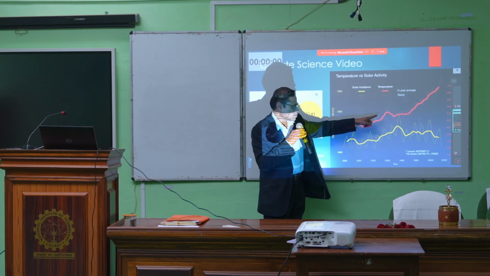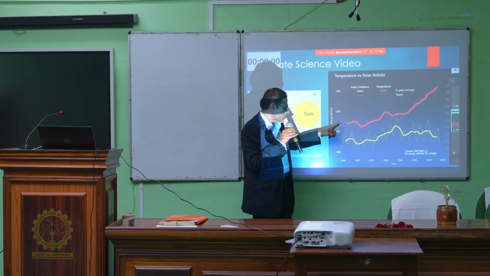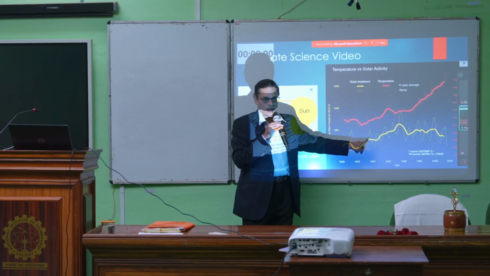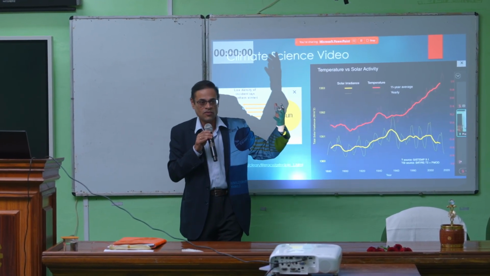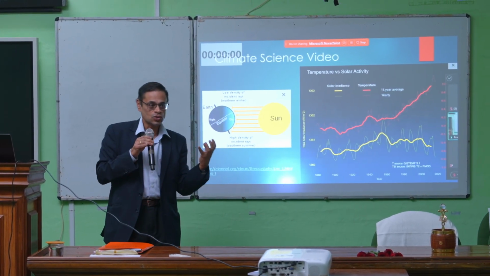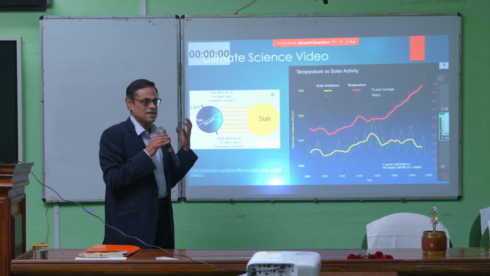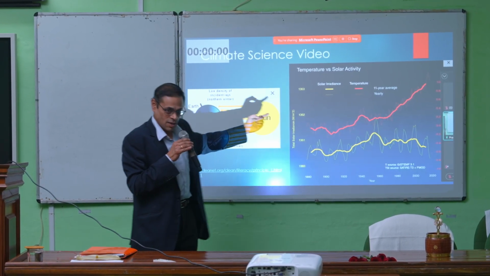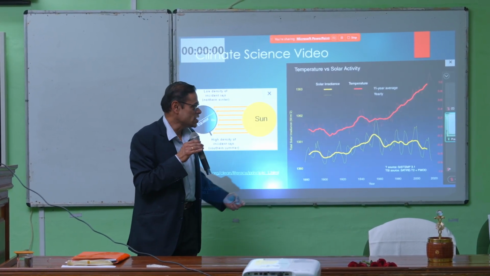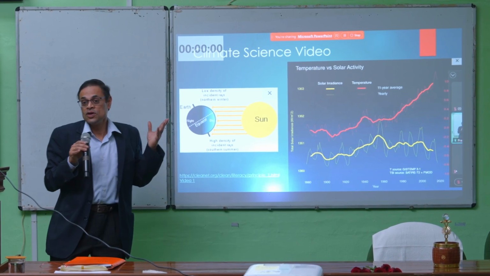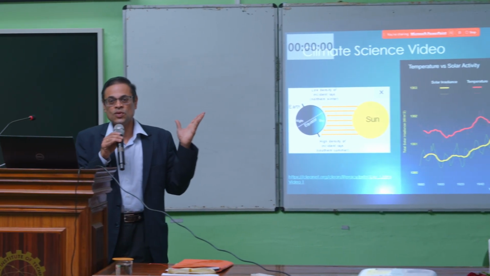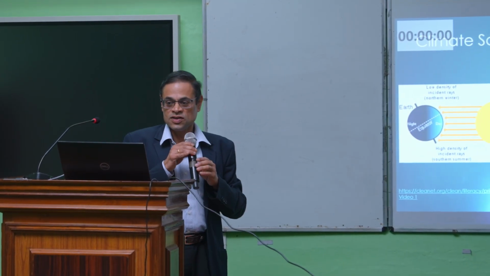But look at the temperature profile here. It is steadily increasing. The radiance coming from the sun is a constant source of energy, but the temperature is showing an increasing trend. And as scientists, we want to understand why we are seeing that increasing trend.